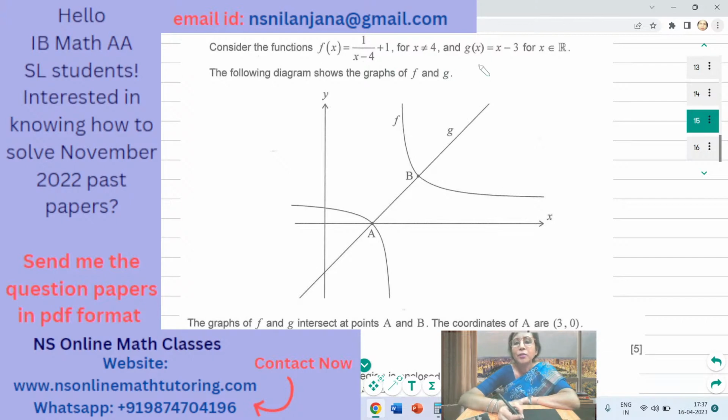Otherwise, the denominator will be equal to 0, which is not allowed. And g of x equal to x minus 3. So this is a linear function. This graph will be a straight line. And this is a rational function, of course, f of x. x is a real number. The following diagram shows the graphs of f and g.